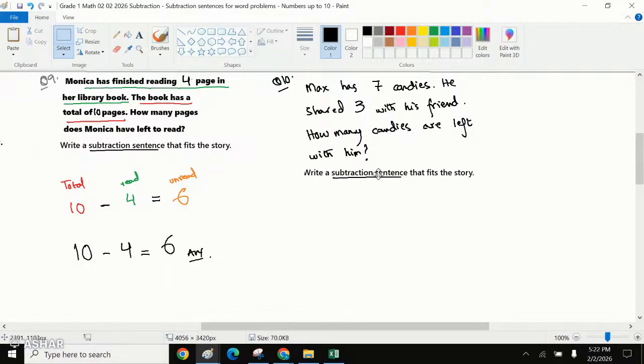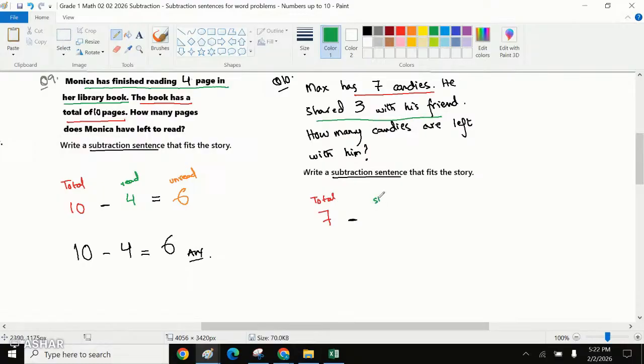Okay, let's write a subtraction sentence for the story. So if Max had a total of 7, how many did he share? He shared 3.